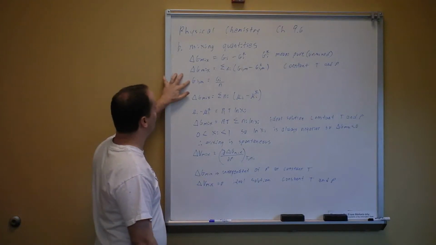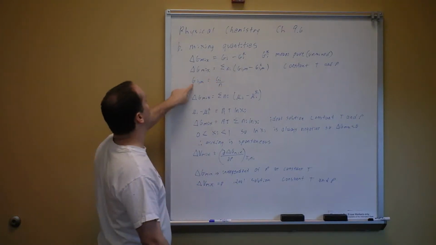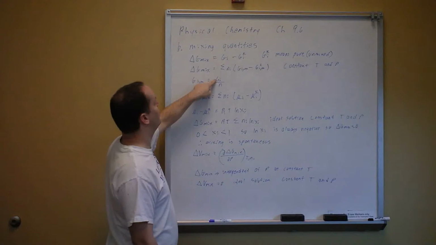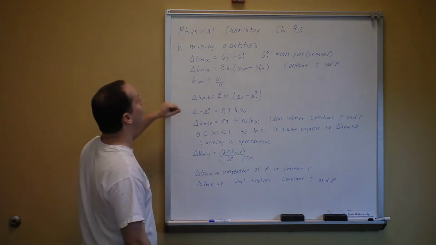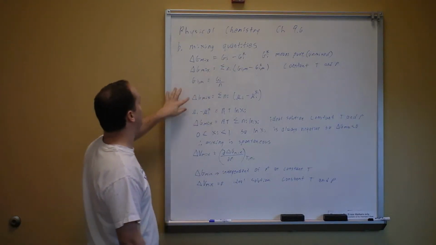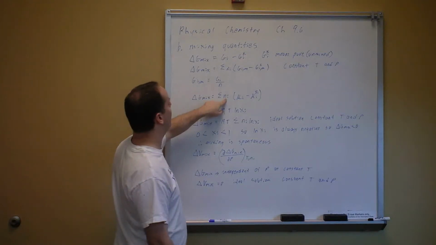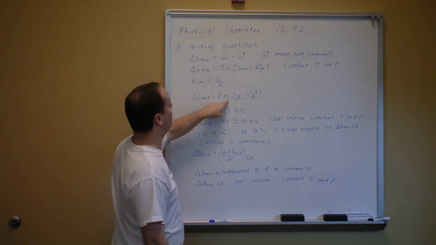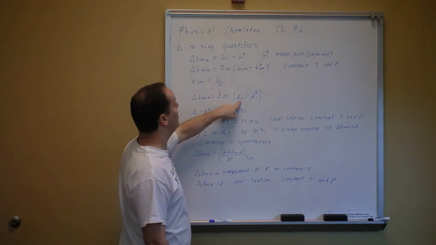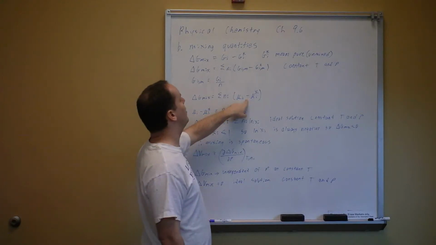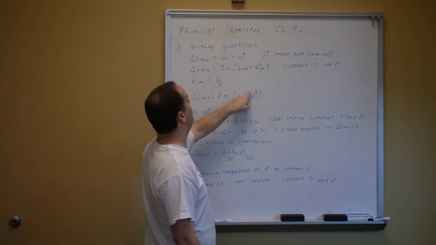Now remember, that's because the molar Gibbs free energy is just equal to the Gibbs free energy divided by the number of moles. So we substituted that in up here. So the Gibbs free energy of mixing is equal to the sum of the number of moles of substance I times the chemical potential of substance I mixed minus the chemical potential of substance I unmixed.